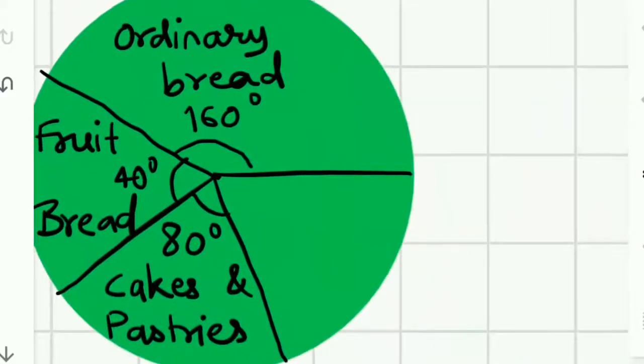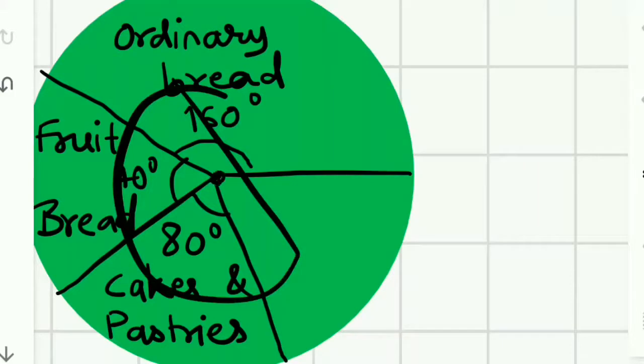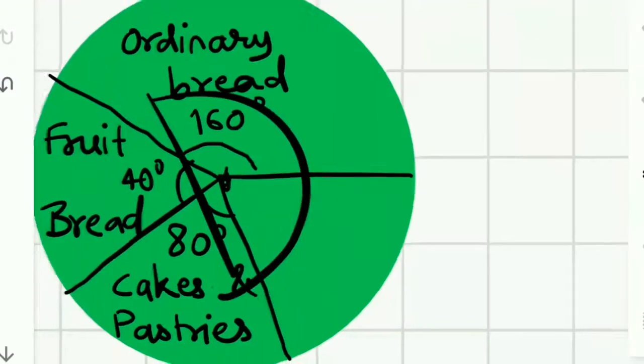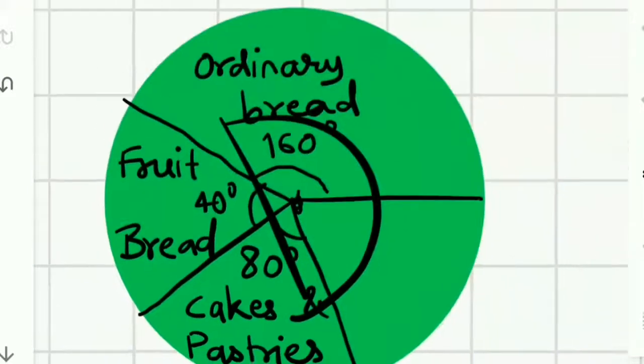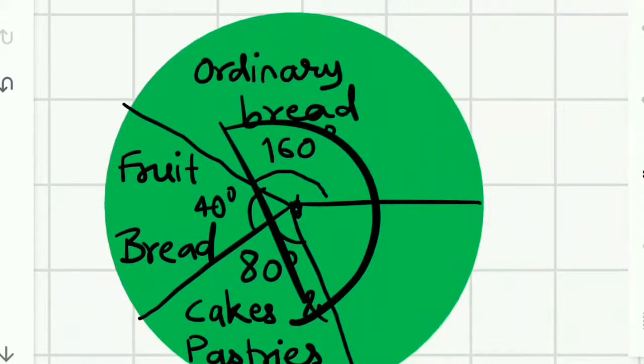Next part is 60 degrees for biscuits. You know the procedure. You put your protractor here like this, match the center of the protractor with the center of your circle, align the 180 degree line with this line for the angle.